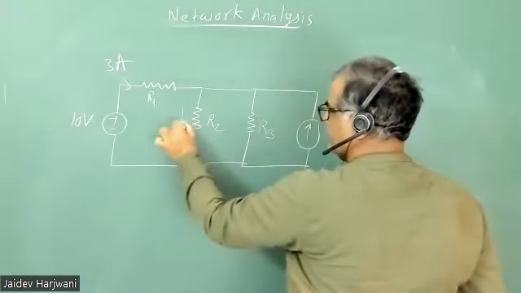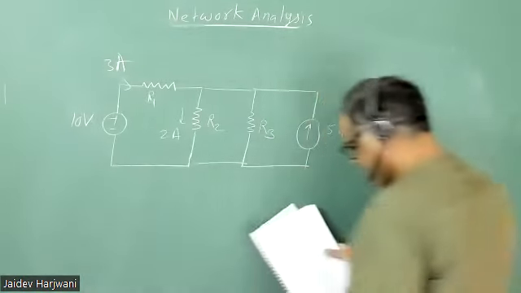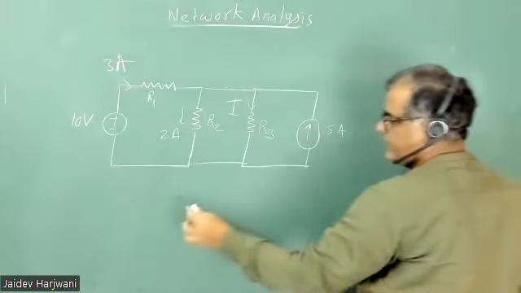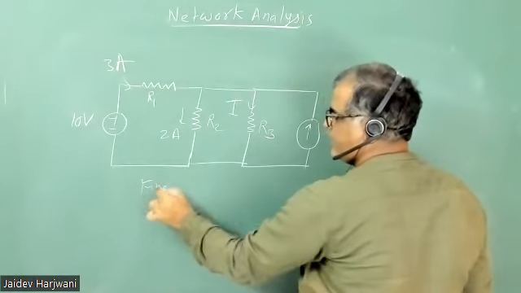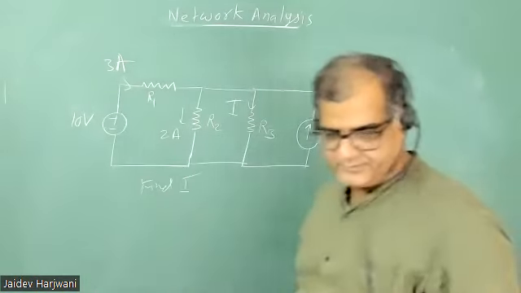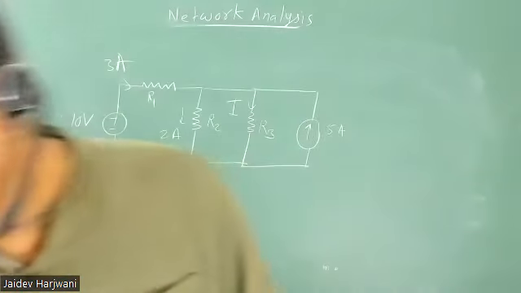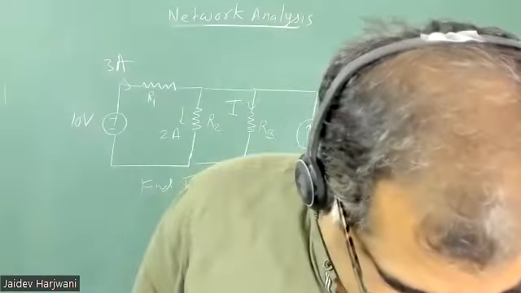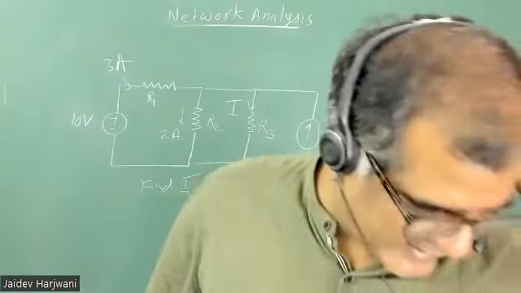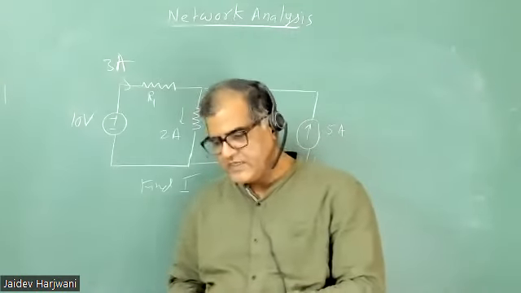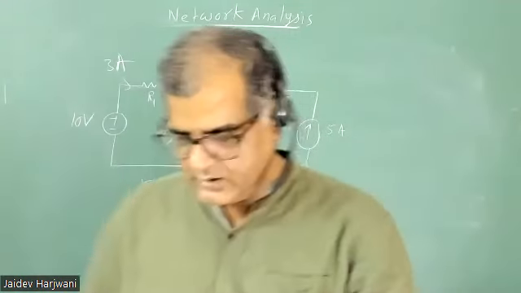Here current is say 2 ampere. So the question is, what is the value of I? So find I. How can I calculate I? You don't have to apply anything else yet, so far we have just learned KCL. Just apply KCL and tell me what is I.